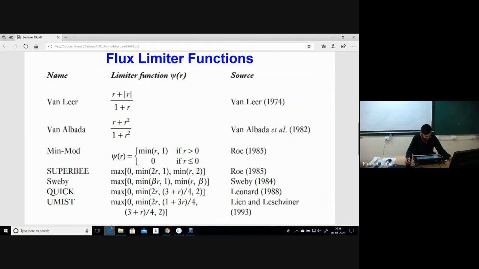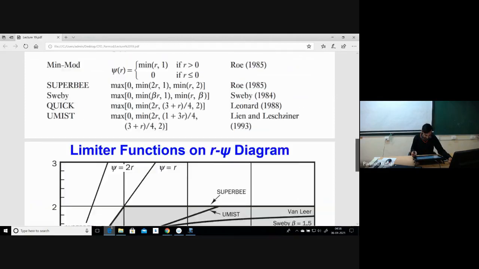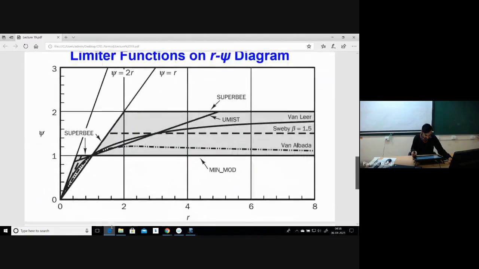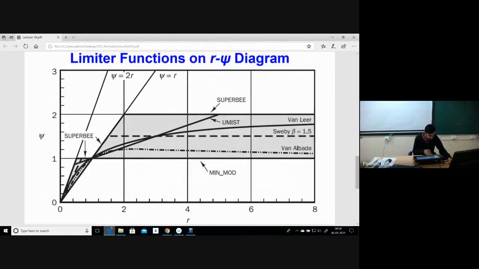Let us now see how these psi r functions look if we plot them on our diagram. Here we have the different functions. This is Van Leer, which is one of the limiter functions applicable for the entire range of r.